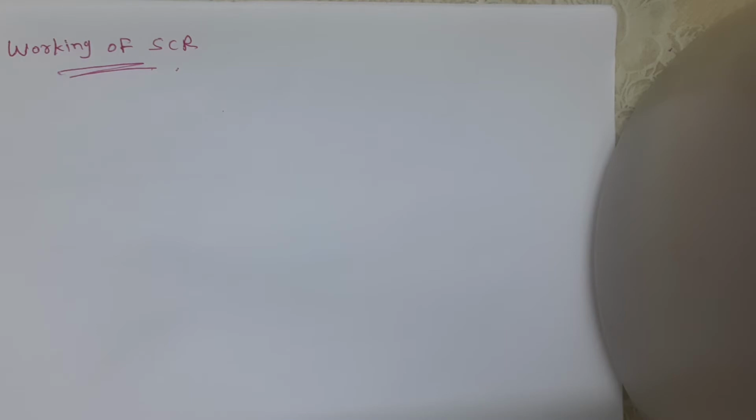The load is connected in series with the anode. The anode is always kept at a positive potential with respect to the cathode. The working of the SCR can be studied under the following two heads.